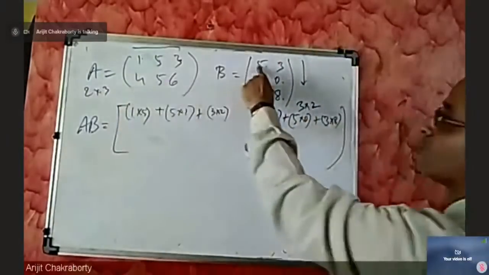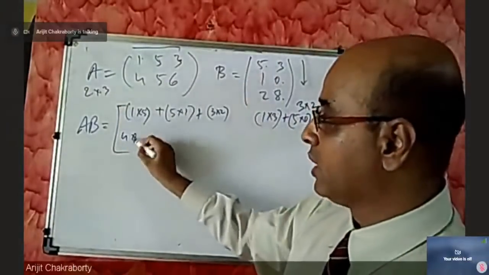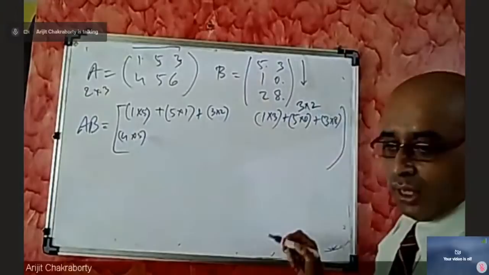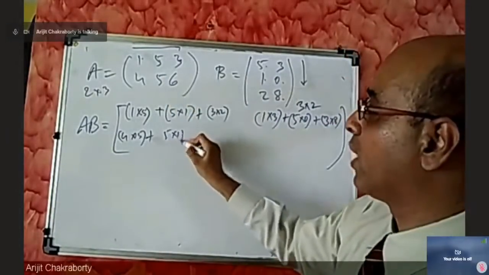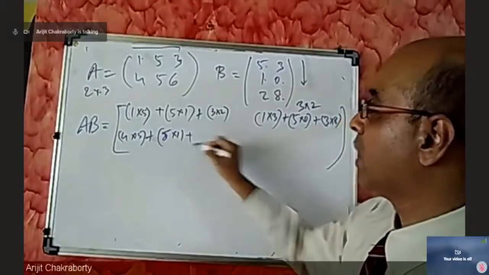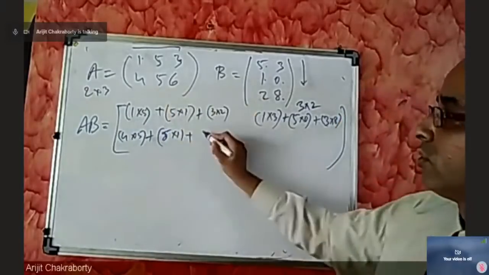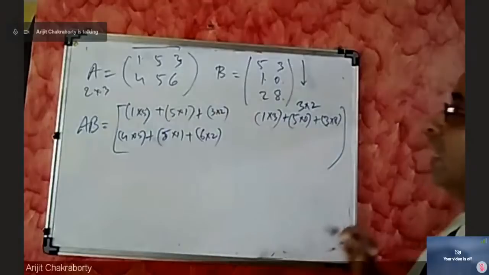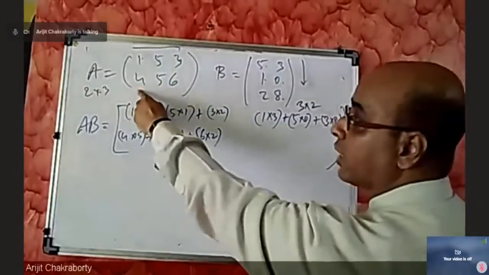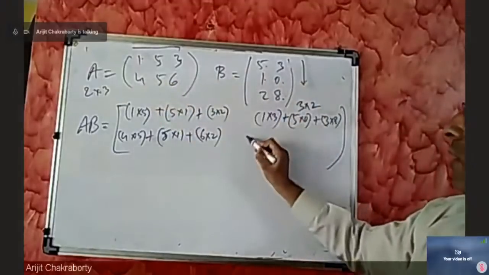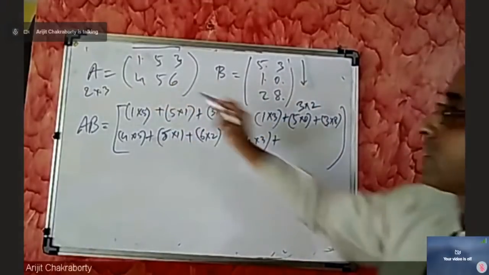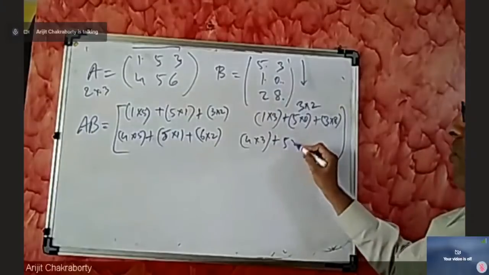So 4 into 5 plus 5 into 1 plus 6 into 2. Now we take row number 2 and column number 2. So 4 into 3 plus 5 into 0.